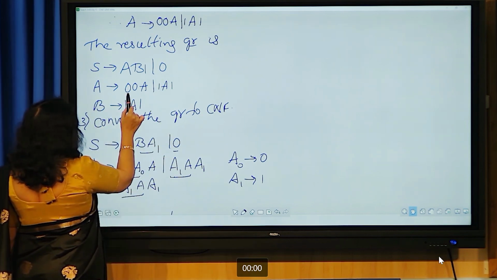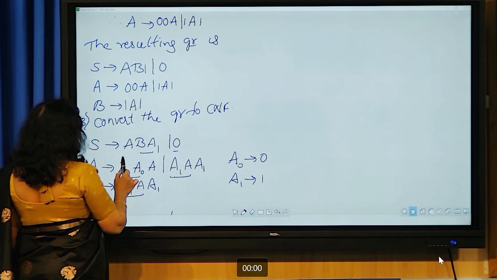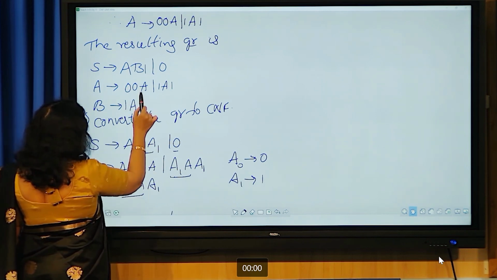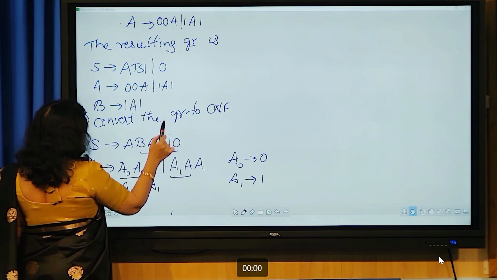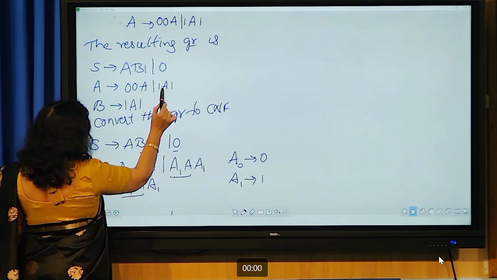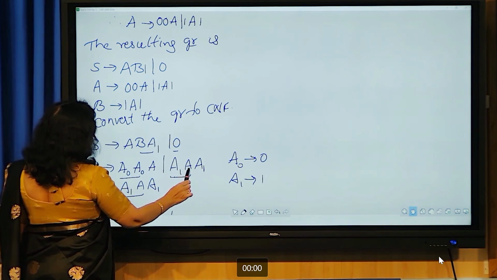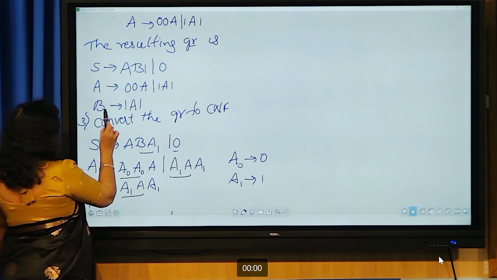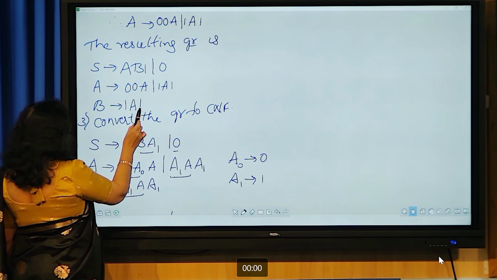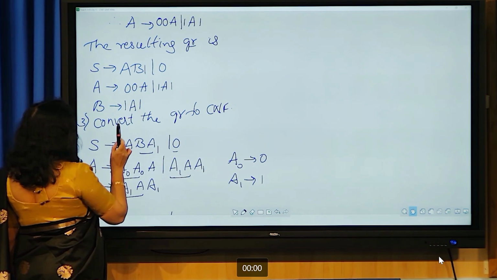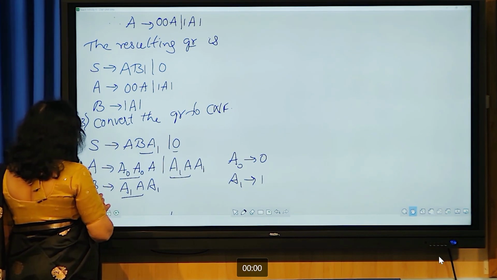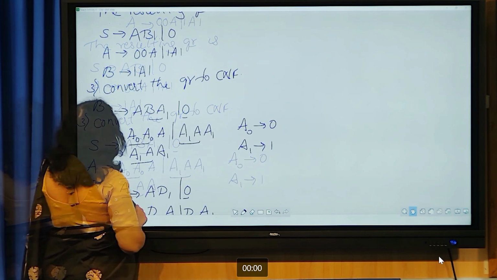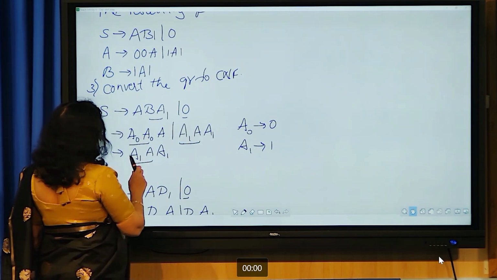A produces these two zeros we replace by A0 and A0, keep A as it is, and 1A1 becomes A1 A A1. Now B produces 1A1, so B would be A1 A A1. This is the resulting grammar.